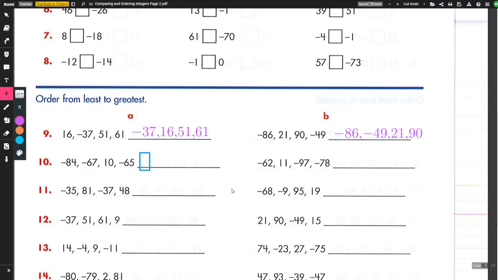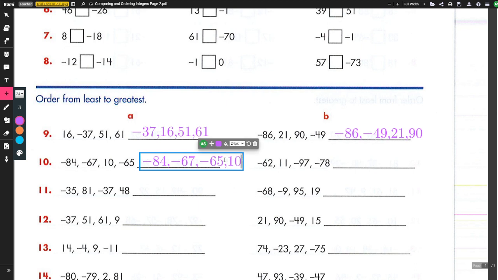Okay, here we have negative 84, negative 67, and negative 65. So the worst to owe is $84, then 67, then 65, and then finally there's 10.